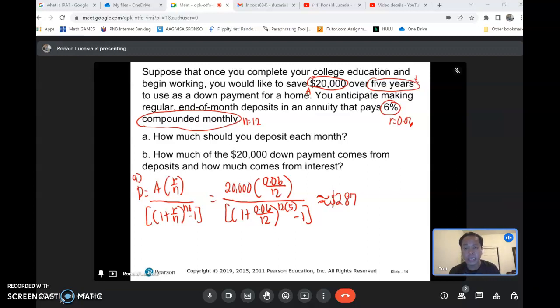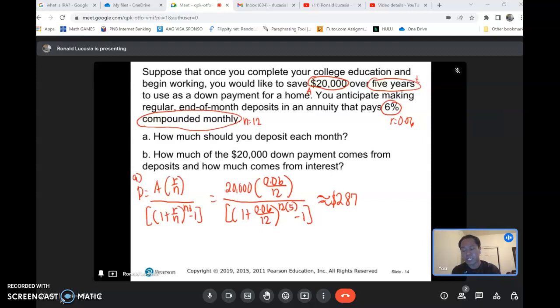So meaning you are going to make a deposit of $287 each month to be sure that you have enough, 20,000 after 5 years as a down payment for your home.